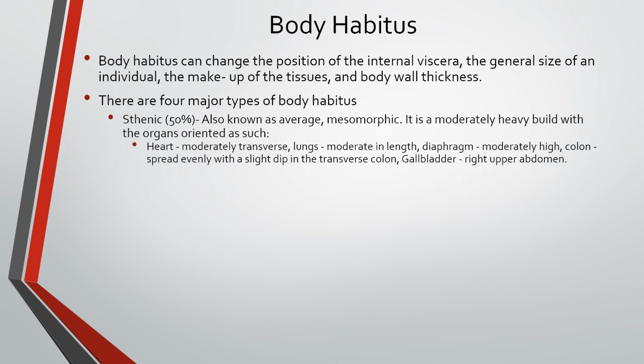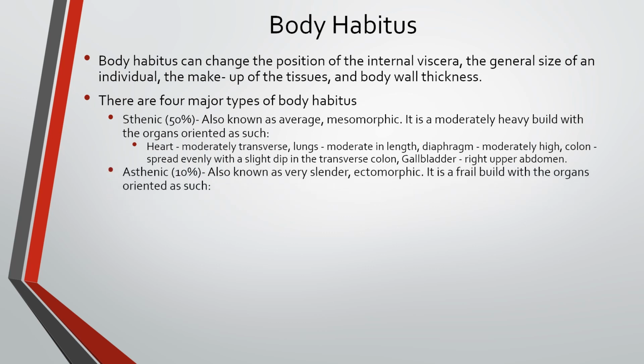And we can read it here. I'm not going to go through all this here, but you can read it, okay? So it's an average build. Asthenic is about 10% of the population, so not very many. Very low percent is the asthenic, also known as very slender or ectomorphic.